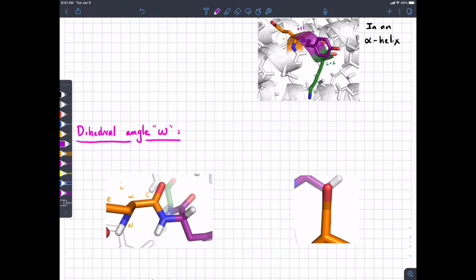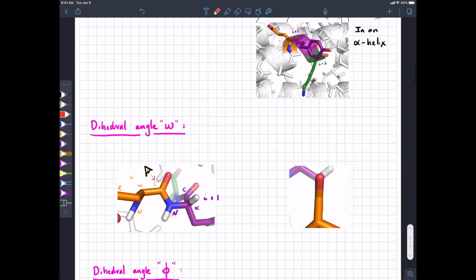And then you're seeing here the nitrogen, the alpha carbon, and the carbonyl carbon for the I plus 1 amino acid. And we're going to look down the bond between the orange carbonyl carbon and the purple amide nitrogen. And we will, like we usually do, use our evil Sith eyes to look down that bond.